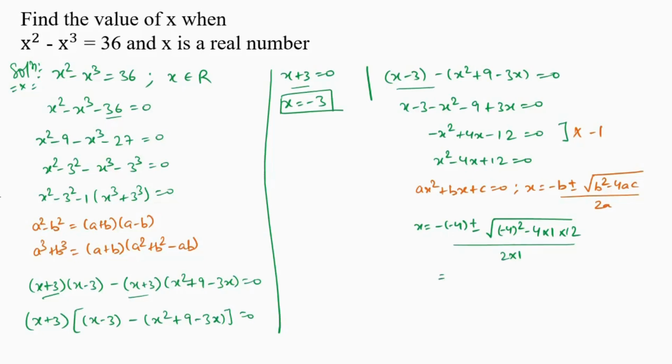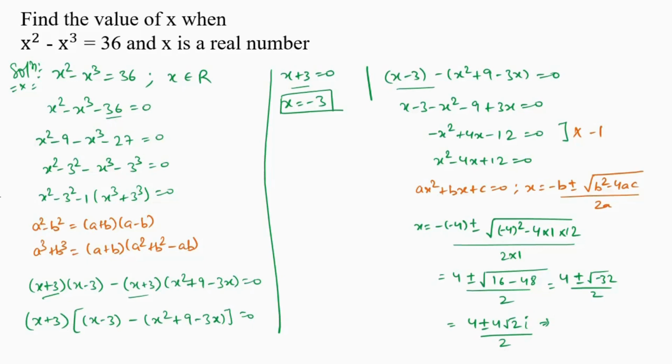So on solving this we get 4 plus minus under root 16 minus 48, divided by 2, which is 4 plus minus under root minus 32, divided by 2. And solving this we get 4 plus minus 4 times under root 2 i, divided by 2.